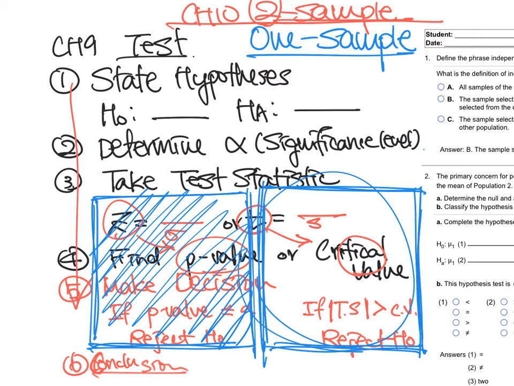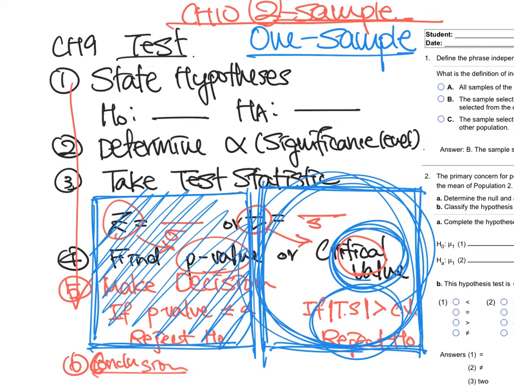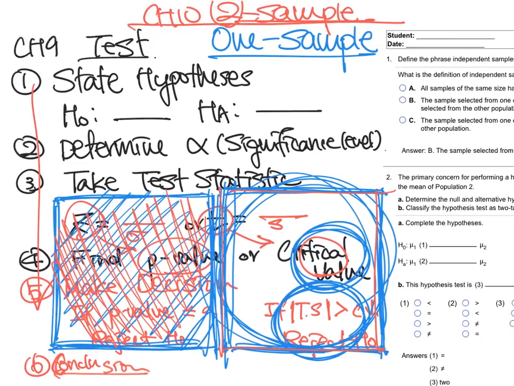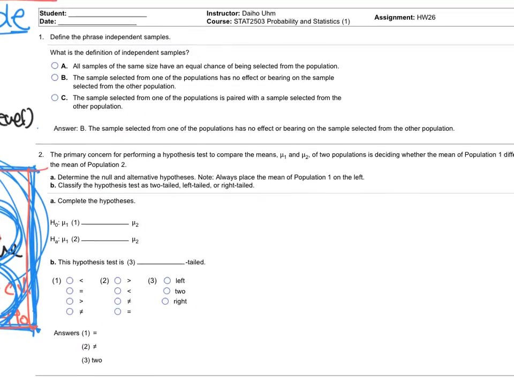We only use the t-score and critical value to make the decision, because it's almost the same. As you saw, the z-test and t-test in chapter 9, one sample, are almost the same. So now in chapter 10, we are going to ignore the z-test, and just focus on the t-test. Okay, so let me look at the homework.